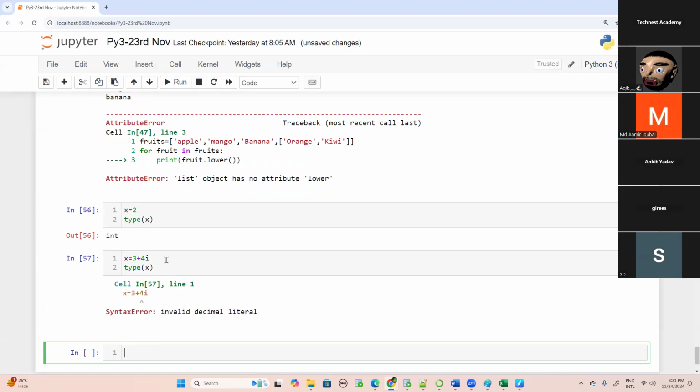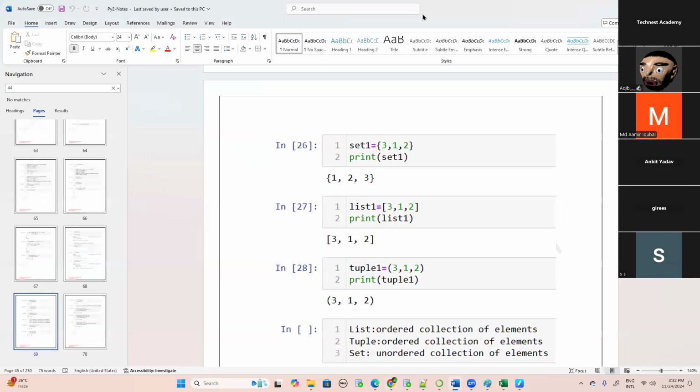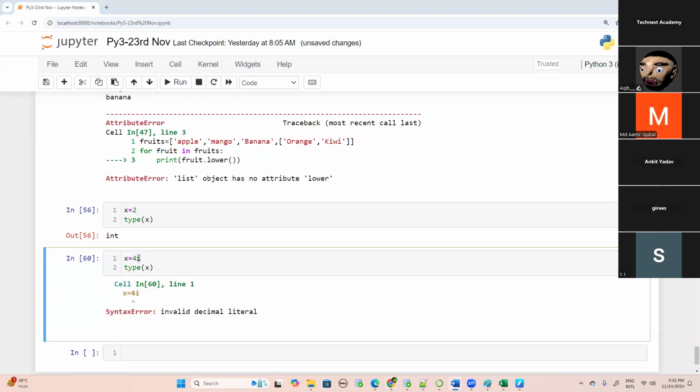Sorry, something is wrong here. When you give i, it should accept it as a complex number. I will check why it is not showing that, but it should give that as a complex number.